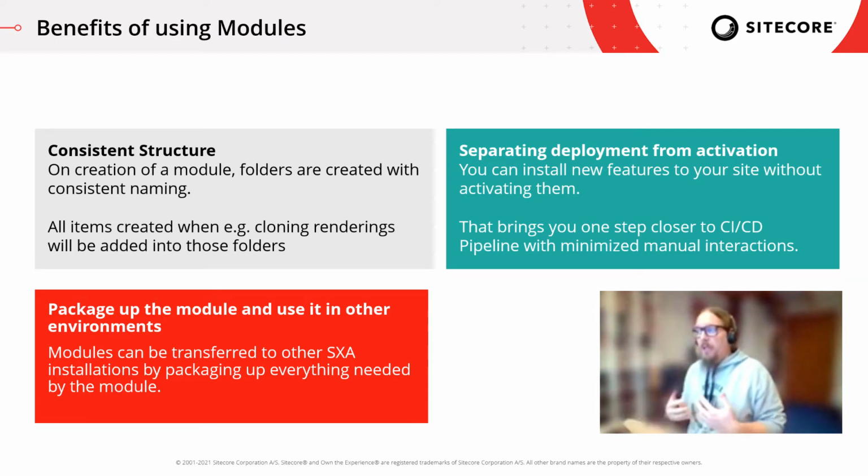You just deploy the ability to activate a new feature. And with installing a module to a site, this is the process of activating the feature in a site. And this way, as I said, you can separate this. You can come closer to the idea of having manual interactions removed as much as possible.